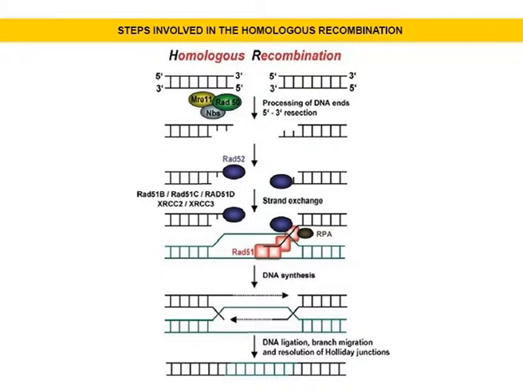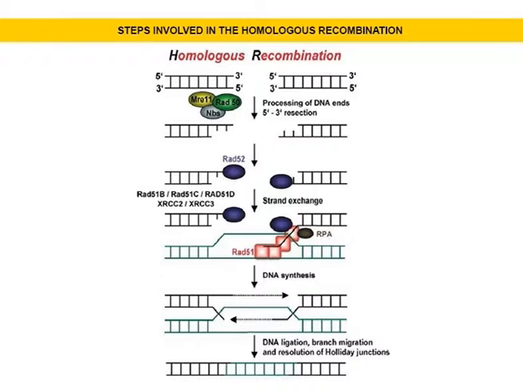Homologous recombination starts with resection of the double strand break in the 5' to 3' direction by the MRE11 Rad50 NBS1 complex, forming a 3' single stranded DNA fragment to which Rad52 binds.